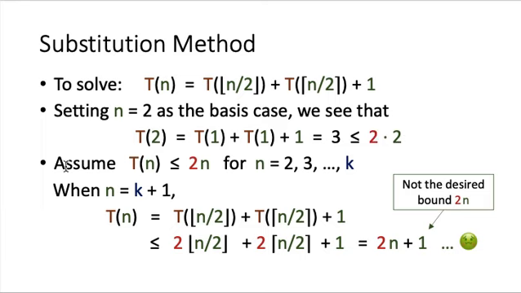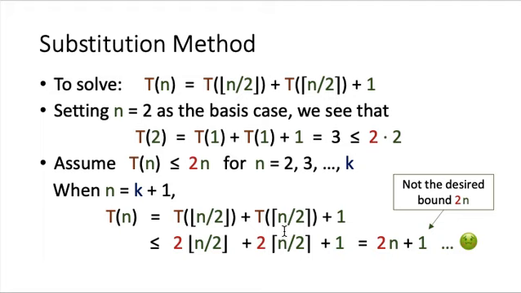So we move on. Suppose that T(n) is less than or equal to 2n for n up to k. Now when we move on to look at the larger value of n, so this time n is equal to k plus 1, T(n) is equal to this one, and then T(n over 2) will be less than or equal to 2 times n, so we get this one.